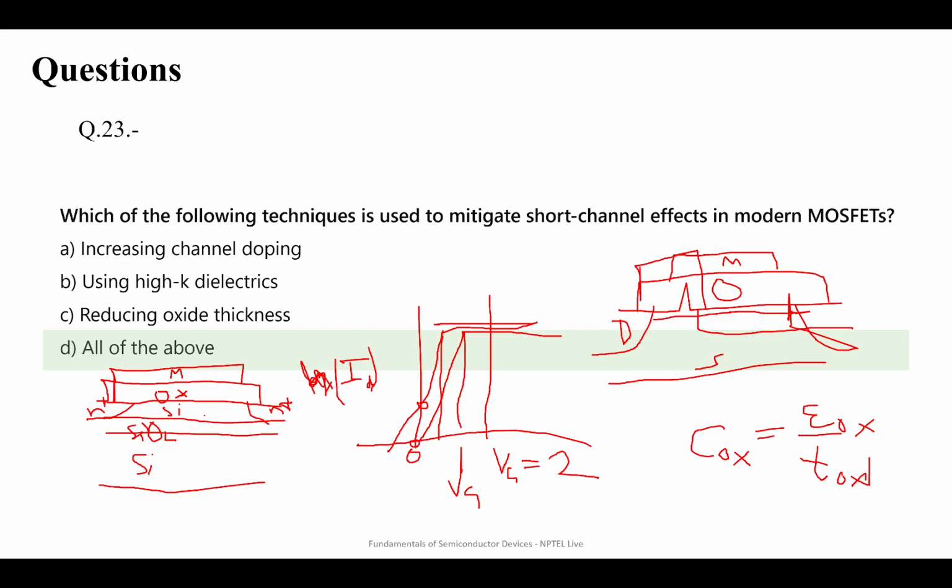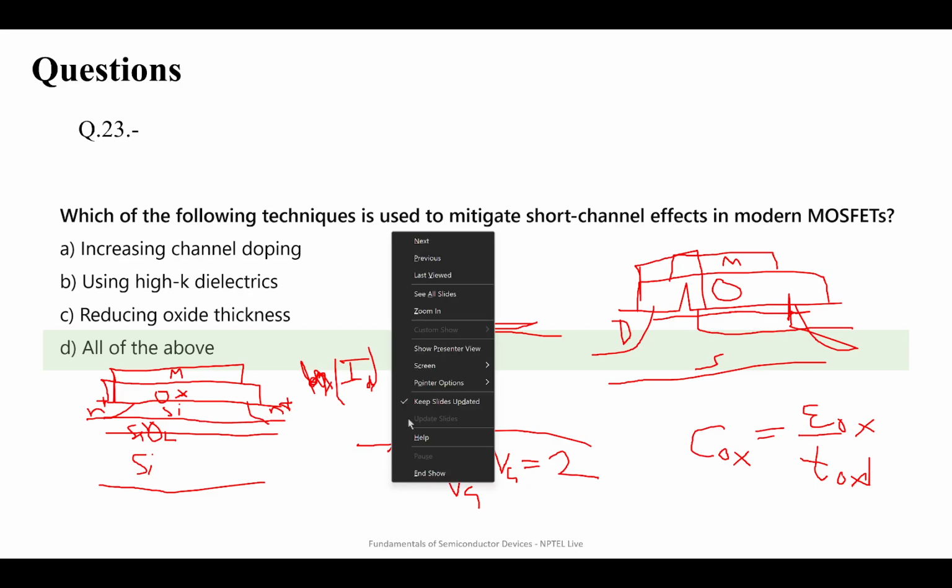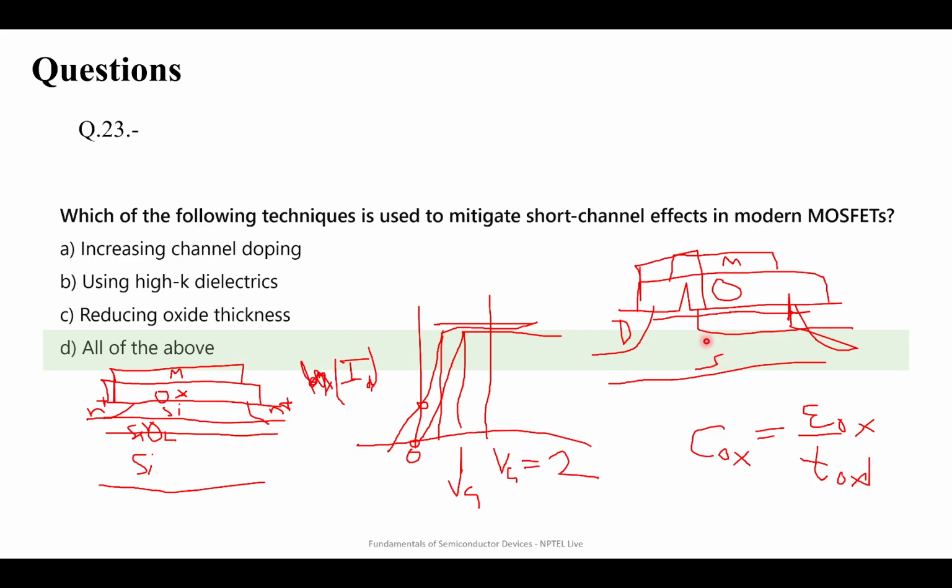So your silicon itself is very thin. Here this whole region is p-type, only this part is n-type. So you have a huge effect of this p-type region on this n-type region.